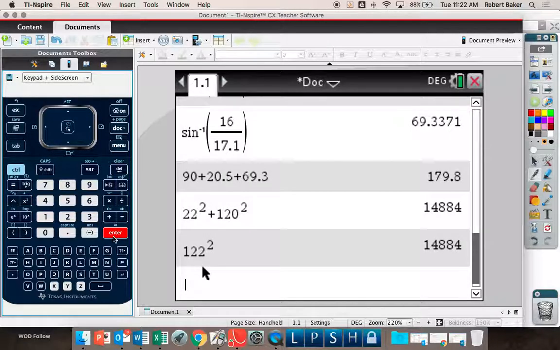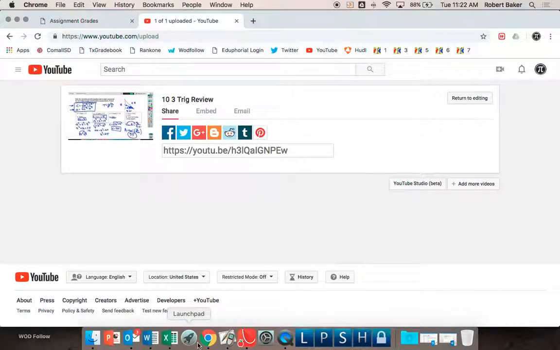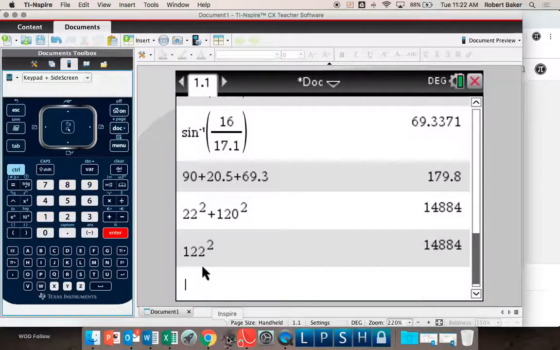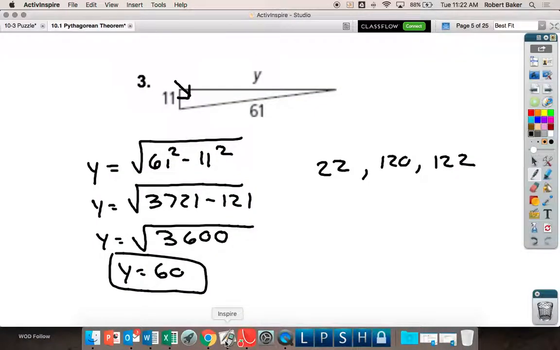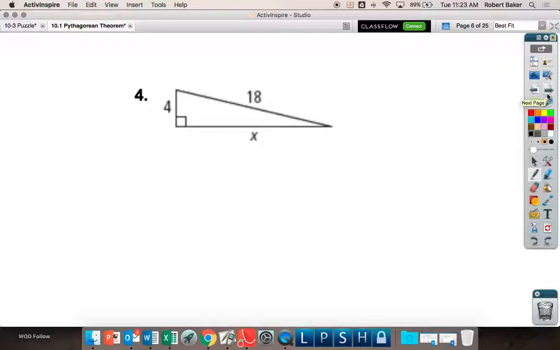That's an uncommon Pythagorean triple. And what I did is I just multiplied all these numbers by 2 and got the same Pythagorean triple. Teachers are lazy. So you'll see a lot of 3, 4, 5, 6, 8, 10, 9, 12, 15 because they're all multiples of a very common Pythagorean triple. We'll get there in a little bit. That's if I want a whole number back. If I don't want a whole number back, I'll give you something like this.